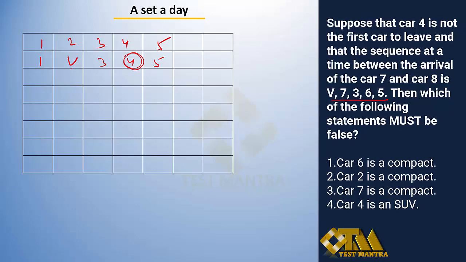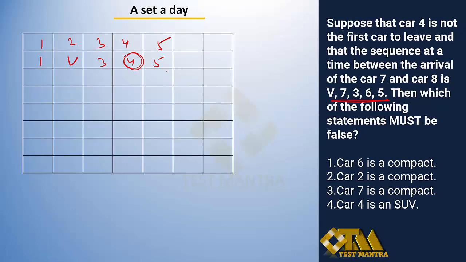If I take this case also and I want to insert car 6 here, I have a vacant place. I can insert car 6 here, but for that if car 6 is a compact car I can have, but again same condition, my arrangement is V7365, it should be in the 4th place.